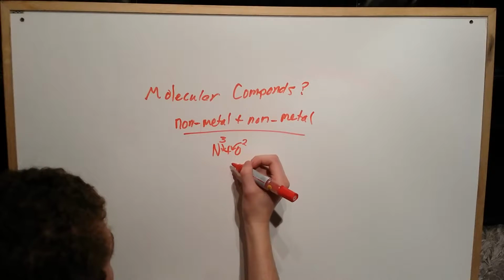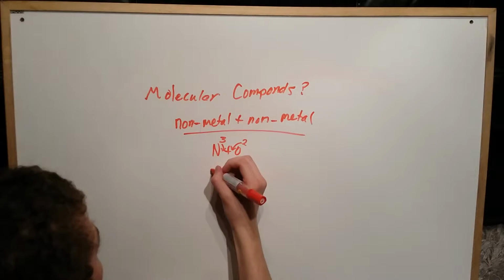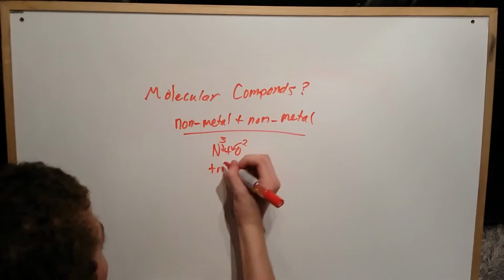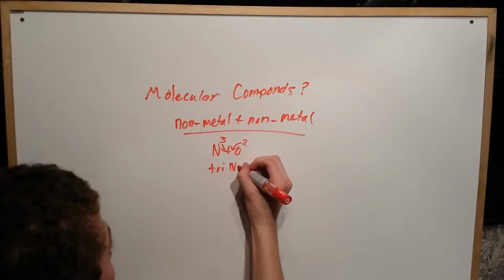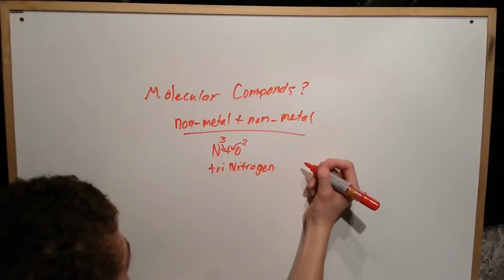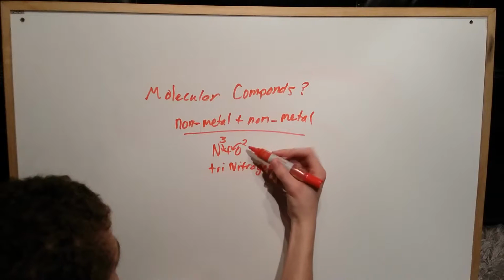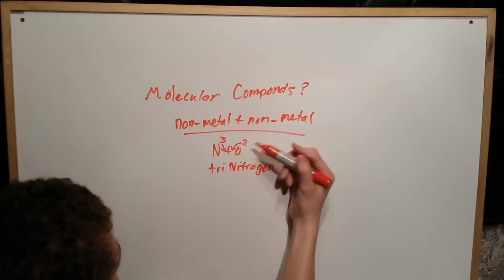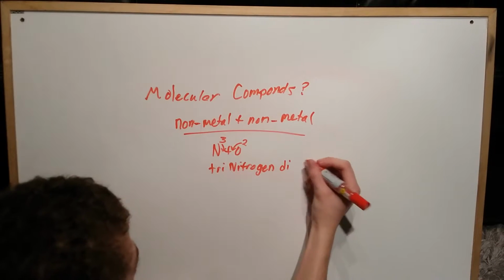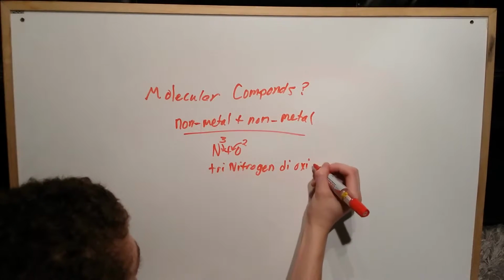For nitrogen oxide, nitrogen will be tri, because 3. So trinitrogen. And then can anyone guess what oxygen is with a 2? That's right. It's di for 2 oxide.